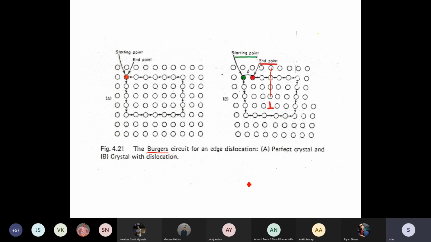This is the surname of a scientist. The closure failure is the Burgers vector. Magnitude is this atom spacing, direction from end to start, towards that direction. So this extra half plane edge dislocation is now quantitatively defined by its Burgers vector.